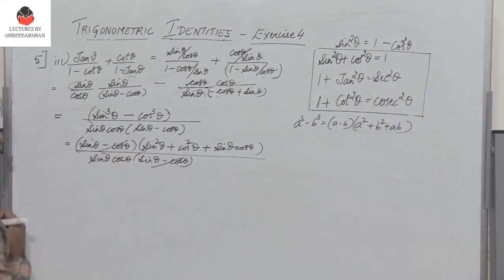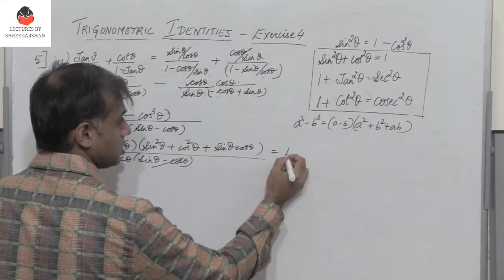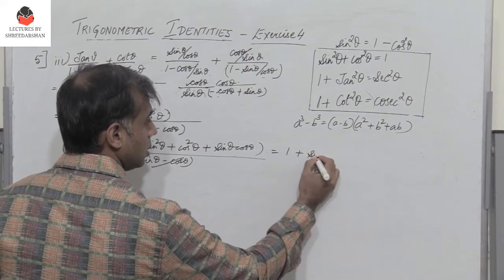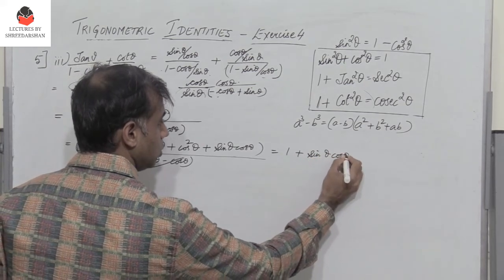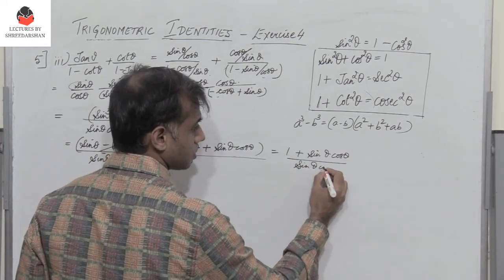So this gets cancelled, right? So now I have sine square theta plus cos square theta. What is sine square theta plus cos square theta? It is 1, plus sine theta cos theta, divided by sine theta cos theta.